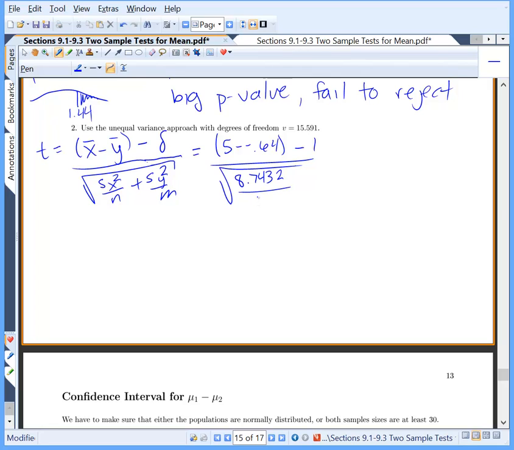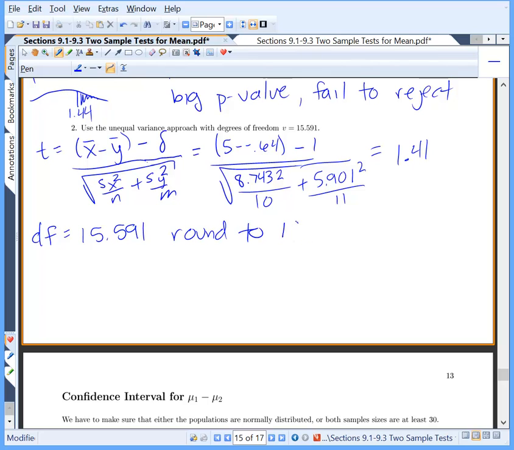Squared over the sample size of 10 plus the next standard deviation, 5.901, squared over its sample size, which gives me 1.41. Now we also need degrees of freedom, which they told me are 15.591, and we will round to 15.